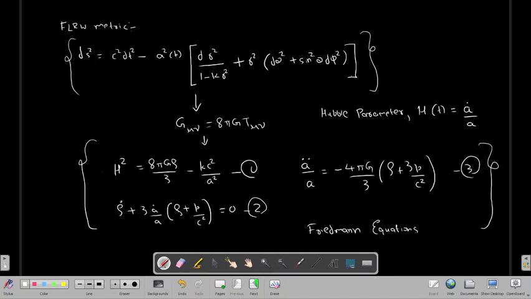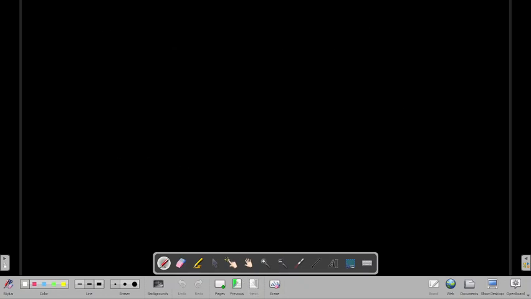So I have my equation number 1, 2 and 3, and now we will understand how to solve these Friedman equations. So we will take some simplest solutions of the Friedman equations.